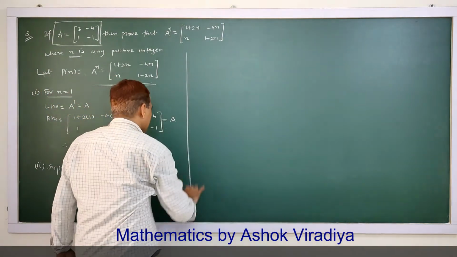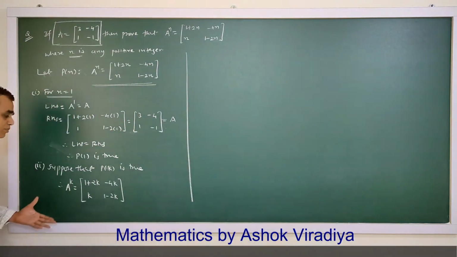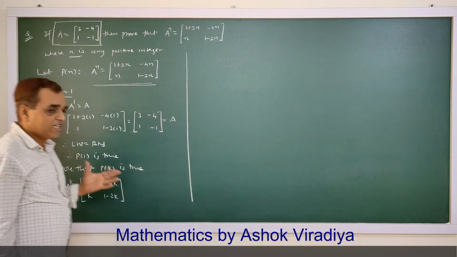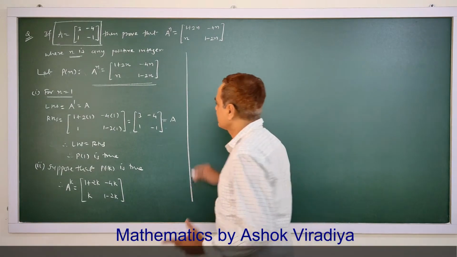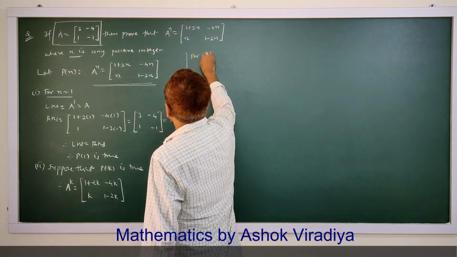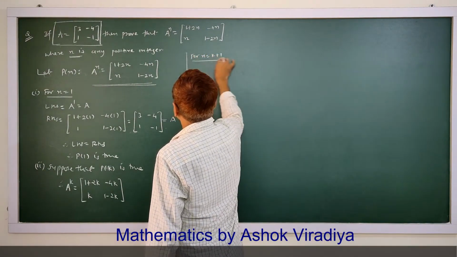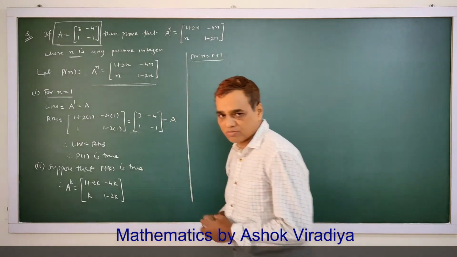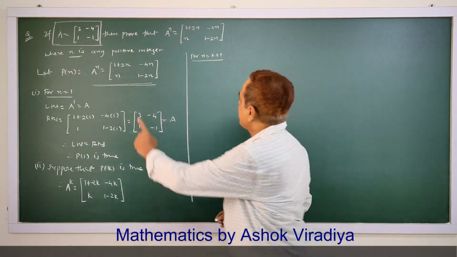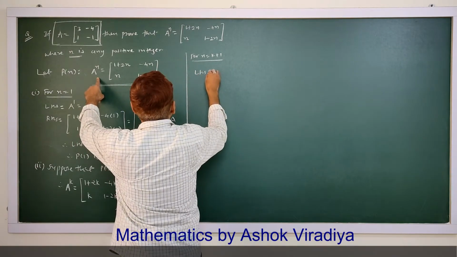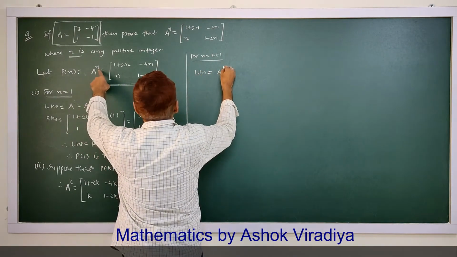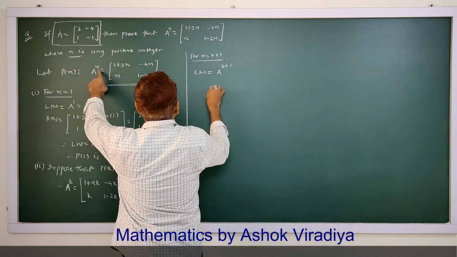Now using this we prove that the statement is true for n equal to k plus 1. Now showing proof, for n equal to k plus 1, left hand side is A raised to k plus 1.